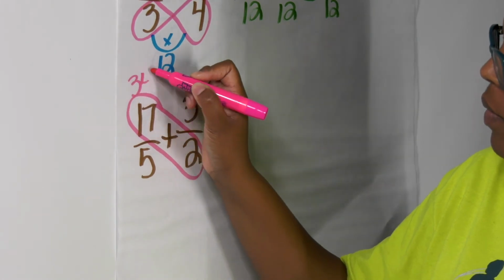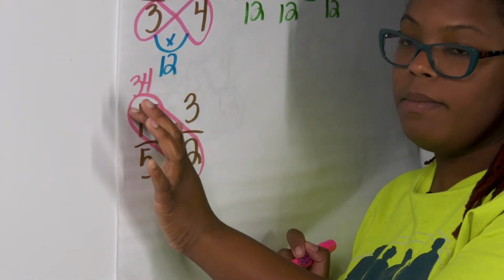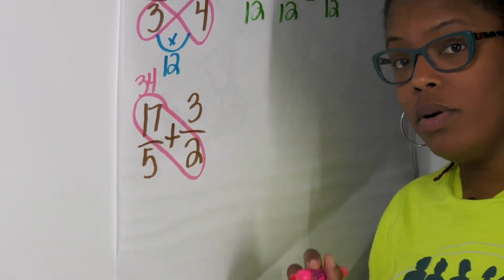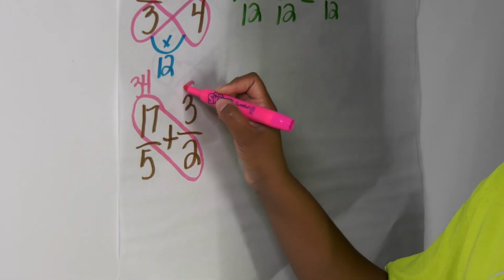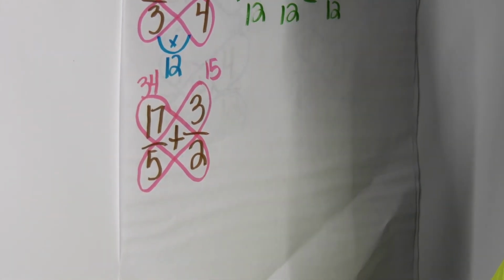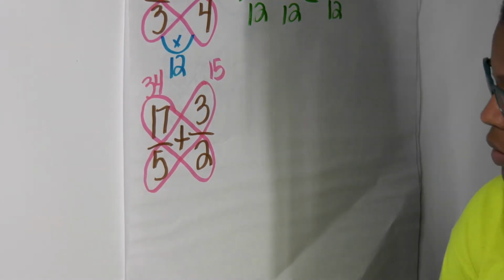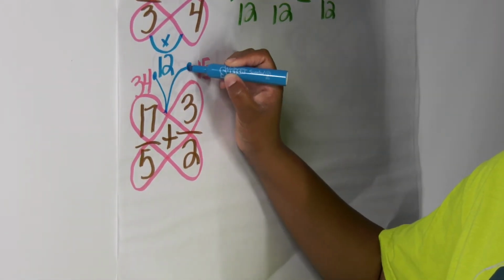Okay, although we are adding these two together, when we combine them to make a wing, we are multiplying. That's the operation that we're doing. And then 3 times 5, which is 15. So those are our two numbers there, 34, 15.